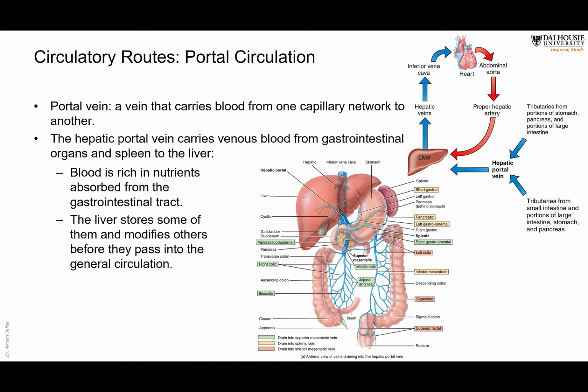It receives a hepatic portal vein and a hepatic artery. The hepatic artery is even smaller than the portal vein, because the blood that is carried by the portal vein is deoxygenated blood, but it is full of nutrients for the liver to work on or to store.